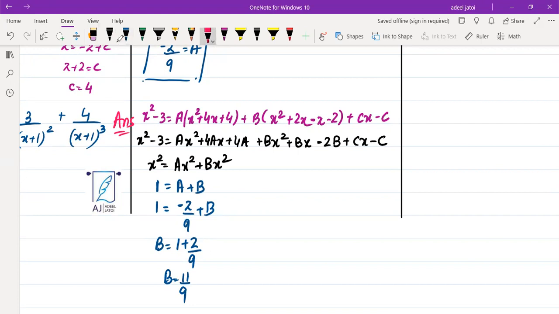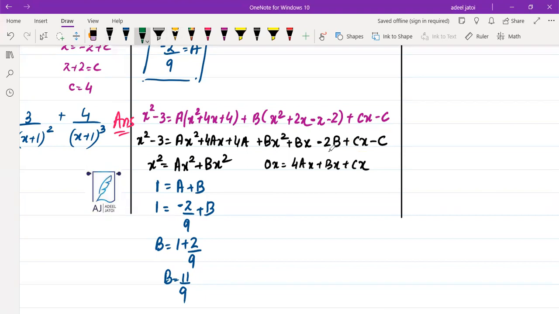Similarly, since we have b, we also need to find c. We can compare c with x. We do not have any term that represents x on the left, so we take 0x. We compare it with 4ax, bx, and cx. So let's write 0x is equal to 4ax plus bx plus cx.